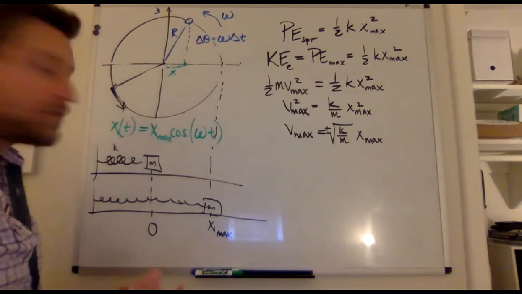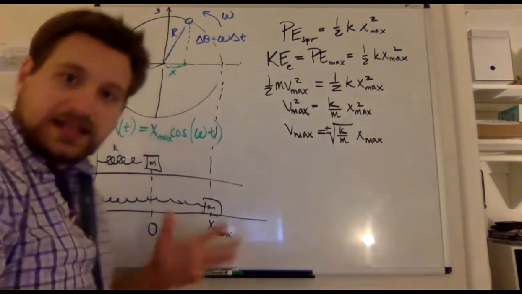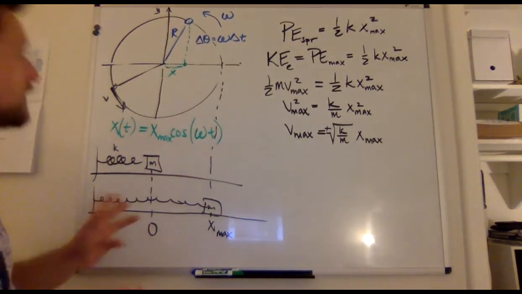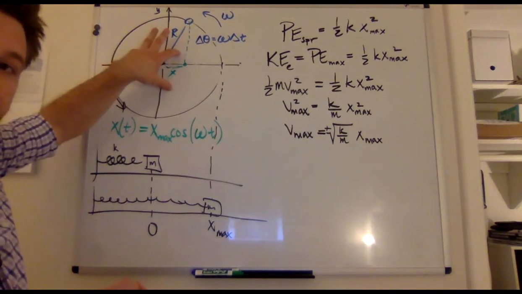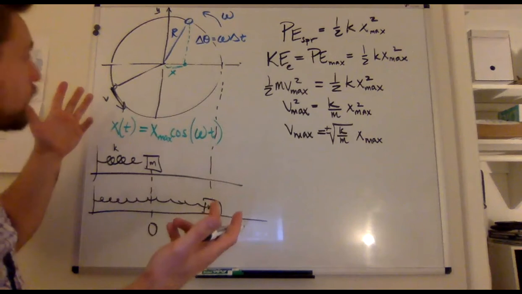It's tangent to the circle. It has some x and some y component. There isn't any real y component because we're just talking about motion back and forth, really.